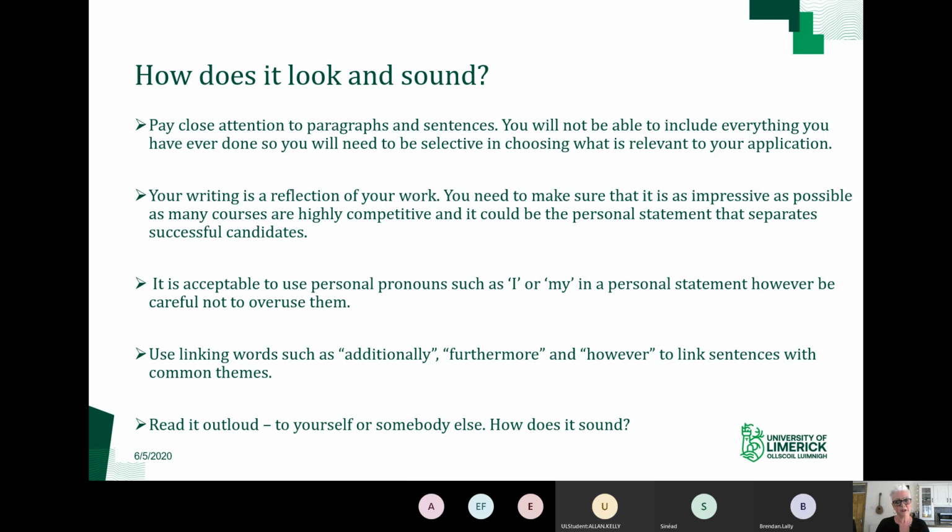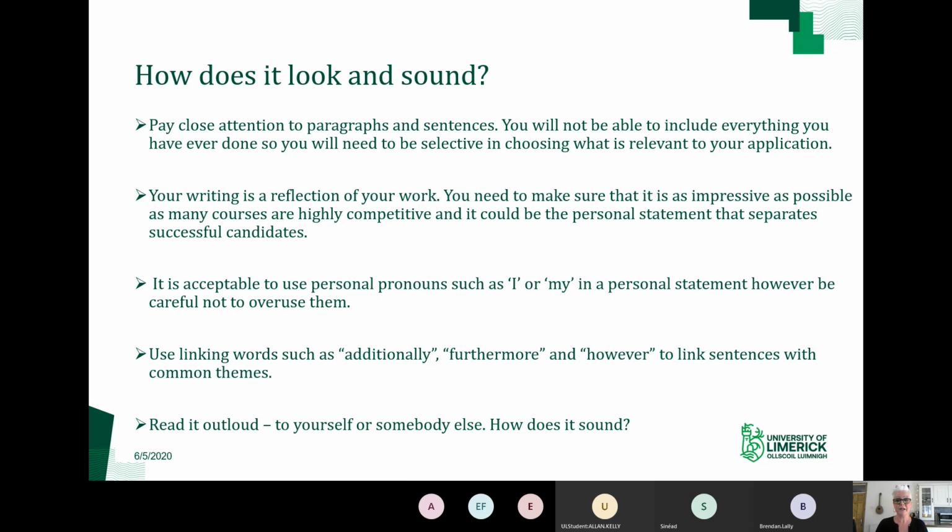So look at your paragraphs and sentences. You don't need to include everything. Every course director for a level 9 postgraduate course expects you to have pretty highly developed written communication skills. So this statement is a reflection of you. It's a reflection of your work. So you need to make sure that it's very impressive.